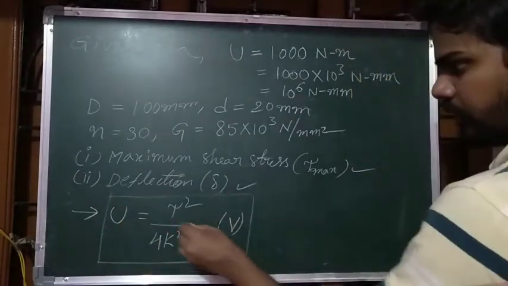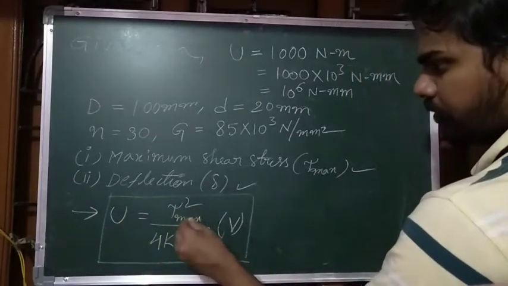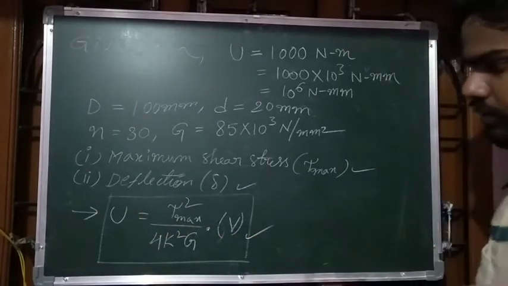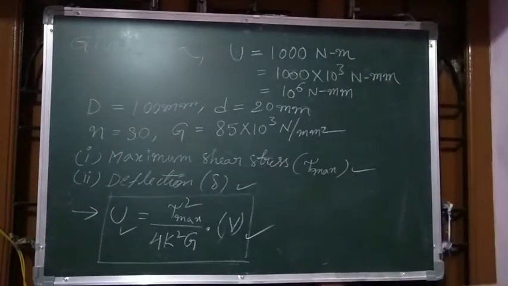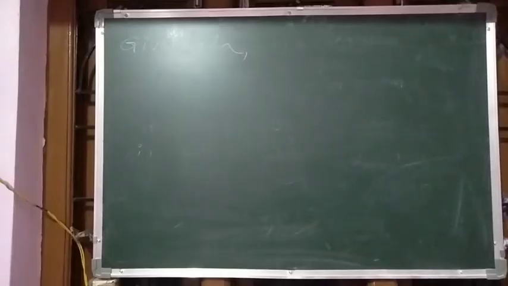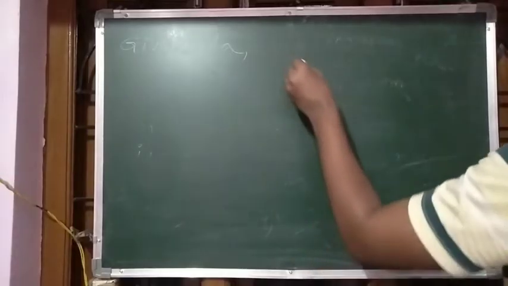From this relation we will get tau maximum, the maximum shear stress, because U is already given. Now substitute all values in the energy storage equation.